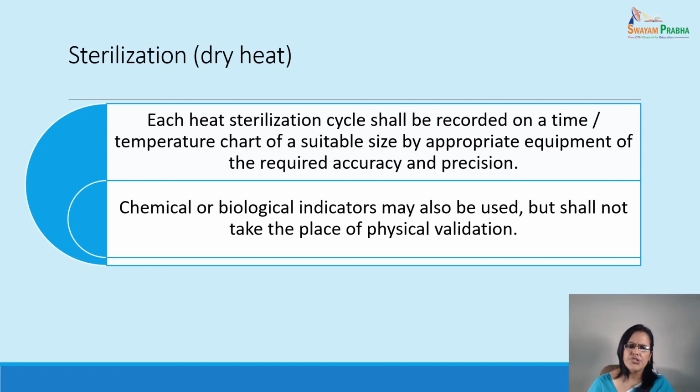The position of temperature probes used for controlling or recording shall be determined using validation and, wherever applicable, shall be checked against a second independent temperature probe located in the same position. Chemical and biological indicators may also be used, but they shall not take the place of physical validation.